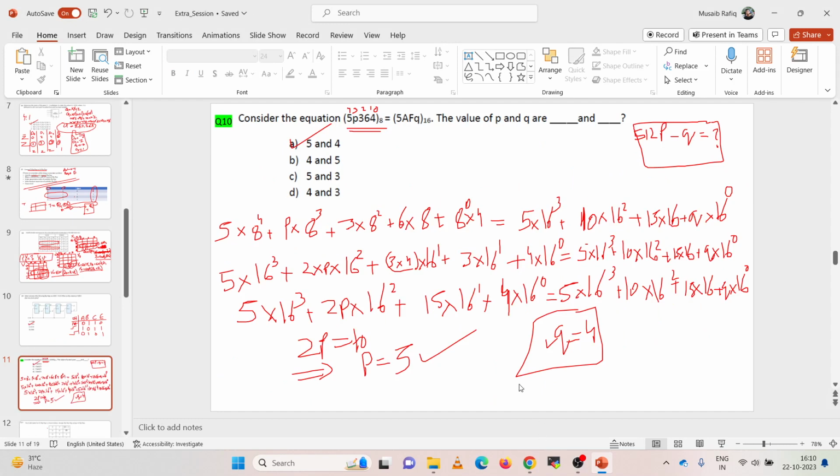Any doubt? Binary, like 2 power 2. Yeah, because right now I had the liberty because 8 and 16 are quite related to each other.